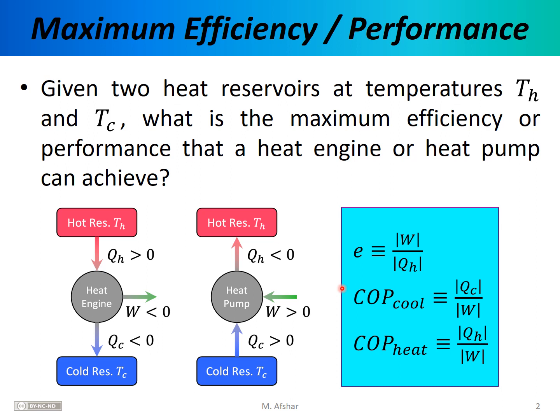The main difference is that efficiency runs from 0 to 1, whereas coefficient of performance runs from 0 to infinity. The coefficients of performance in cooling mode and heating mode are defined as follows. So in this lecture, what we want to find out is what are the optimal values of these three parameters for the optimal thermodynamic cycle.